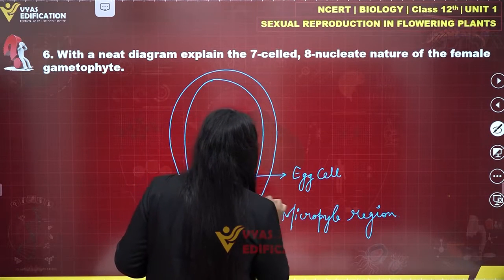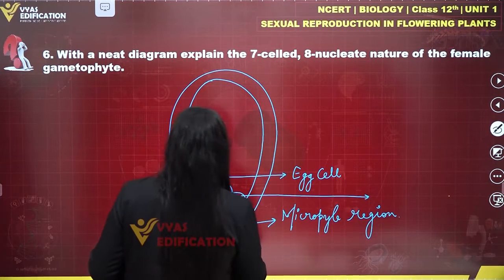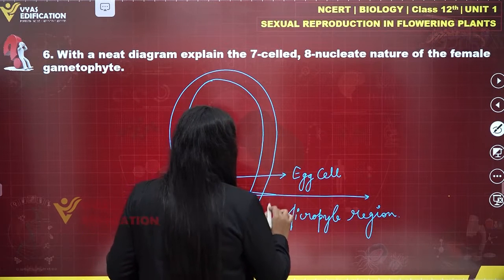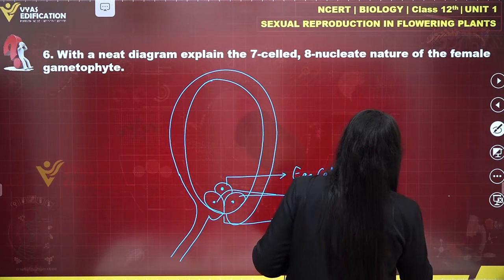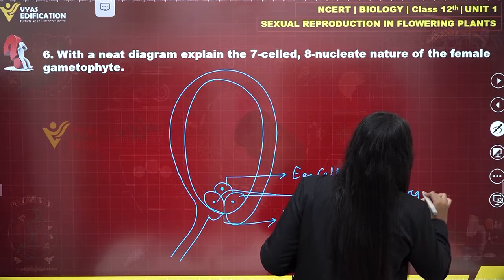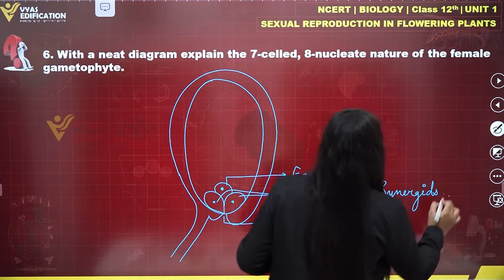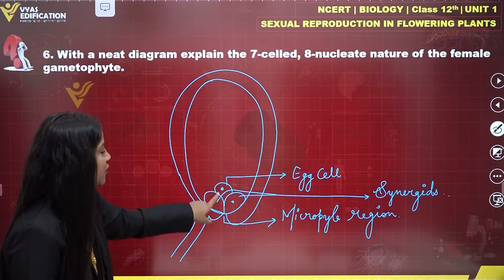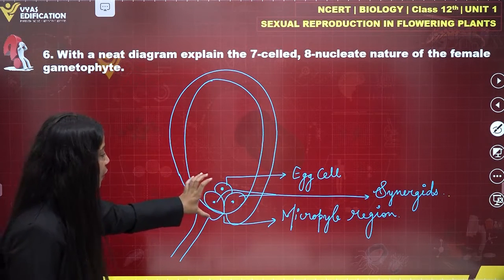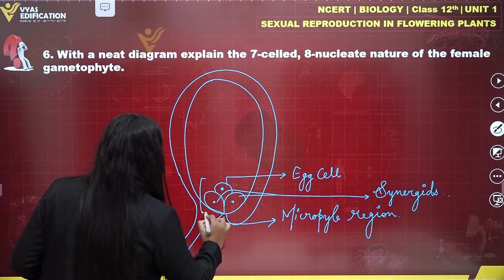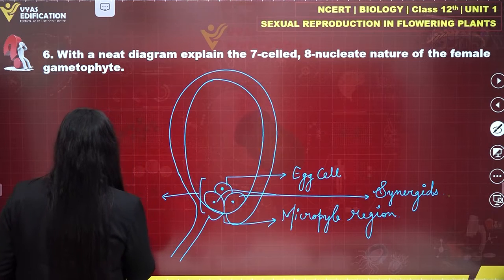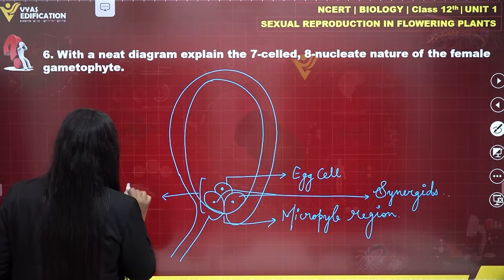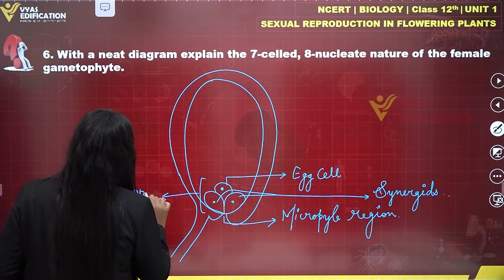These two synergids plus one egg cell form the egg apparatus. So this whole thing is known as the egg apparatus.